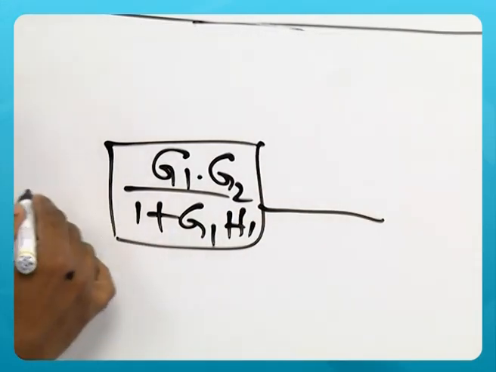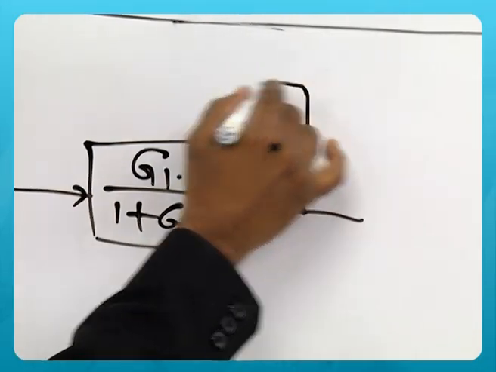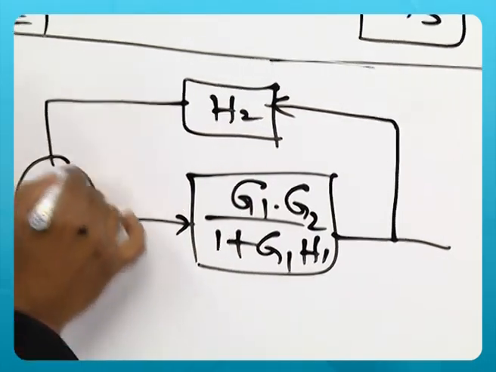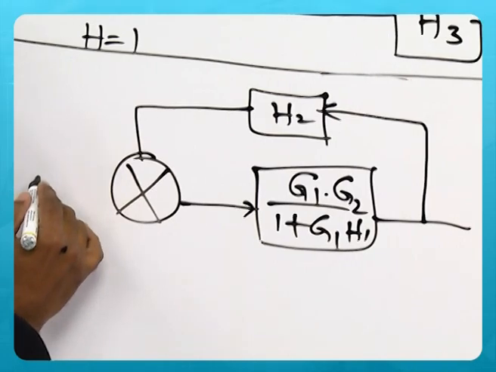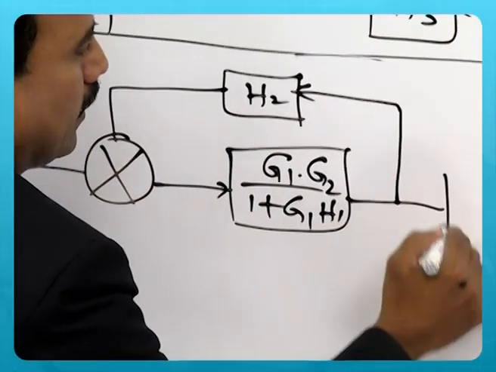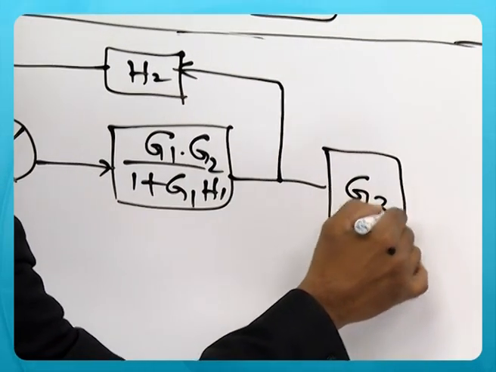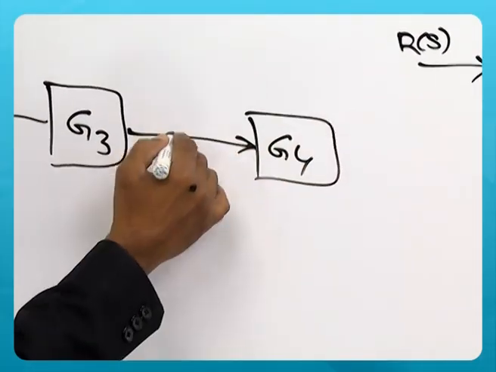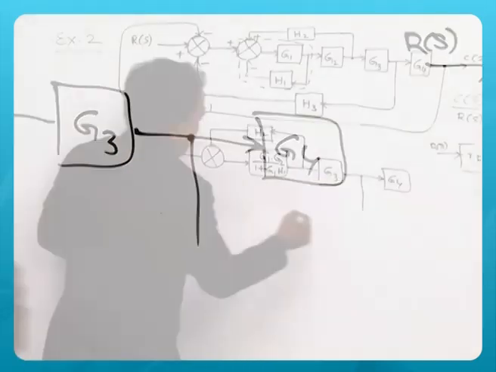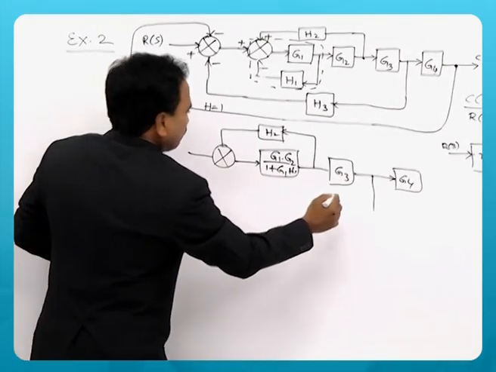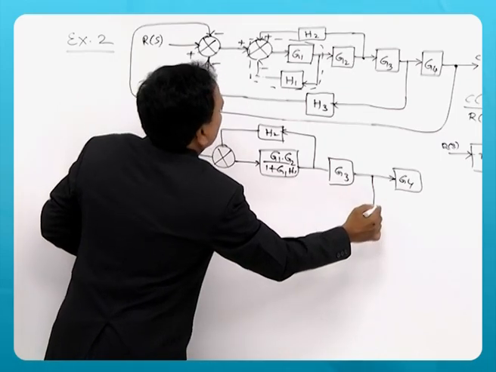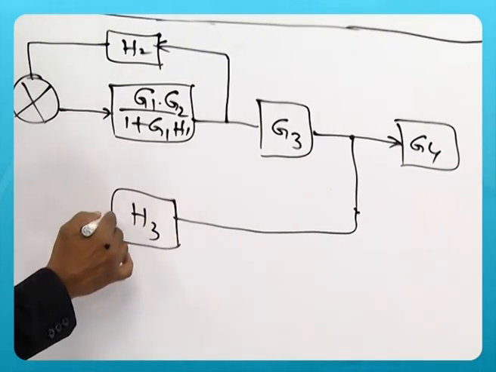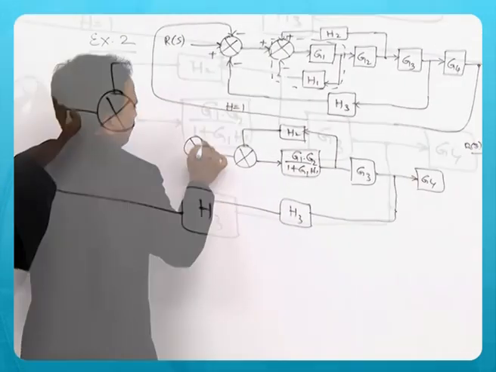Now there is a feedback loop with H2, and you have here G3 and then G4, and this is H3, it is going to another summing point.